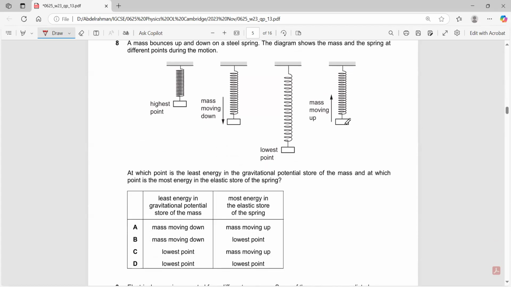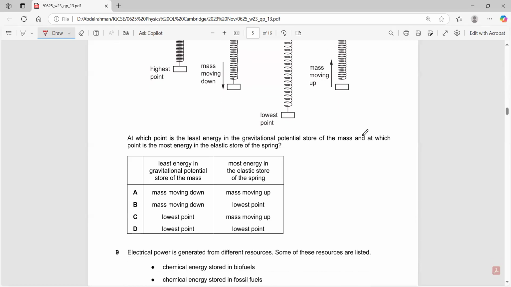Question 8. We have the highest point as it's moving down, the lowest point, and as it is moving up. At which point is the least gravitational potential energy stored, and the most energy in the elastic potential energy? So the least gravitational potential energy would be the closest to the ground, right?